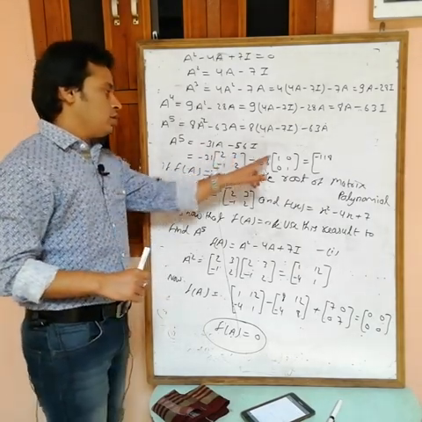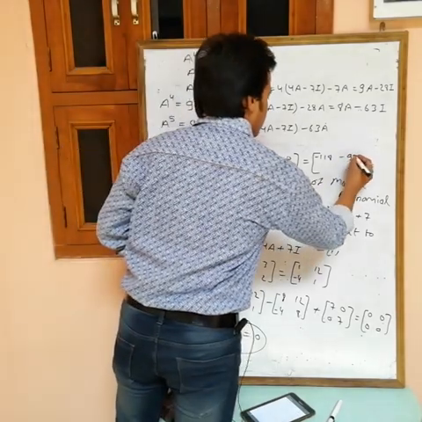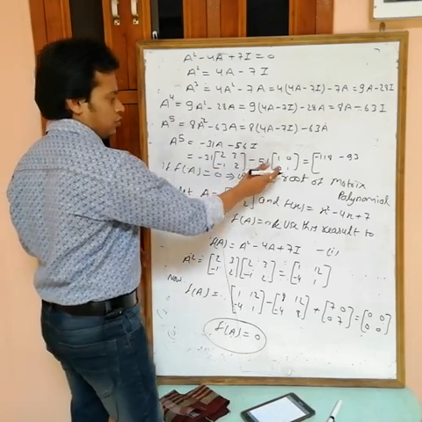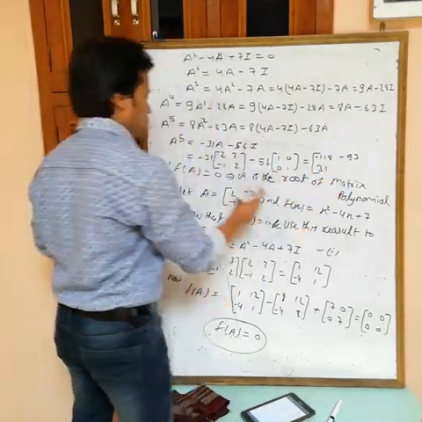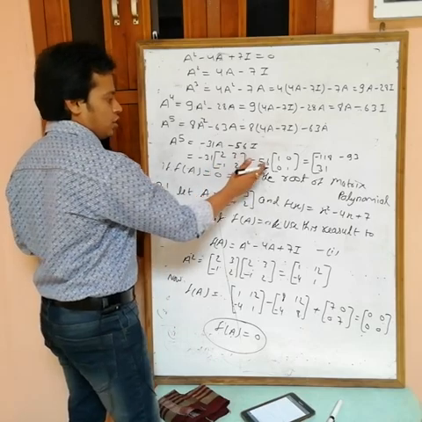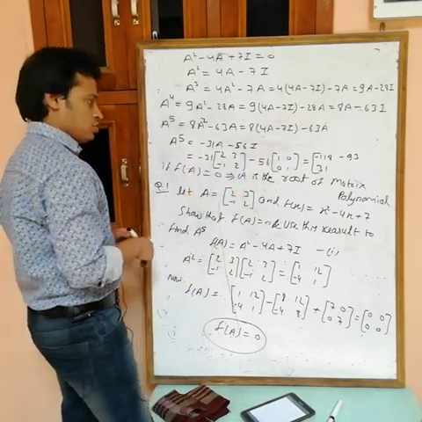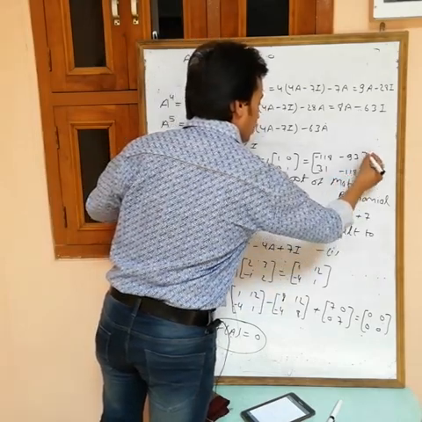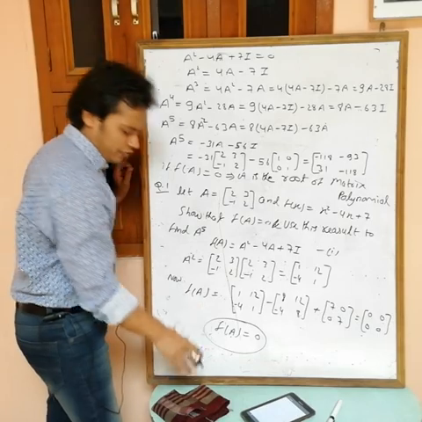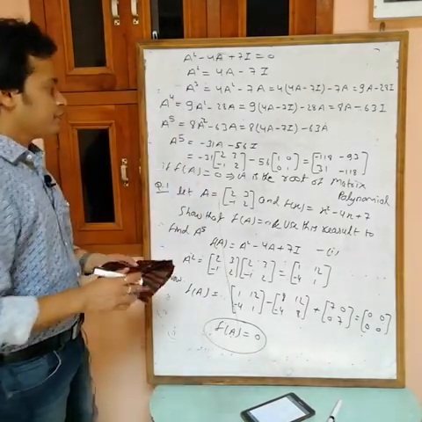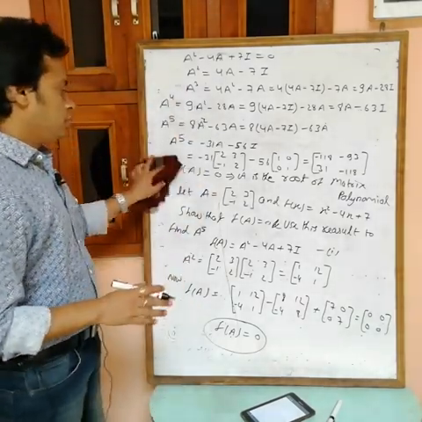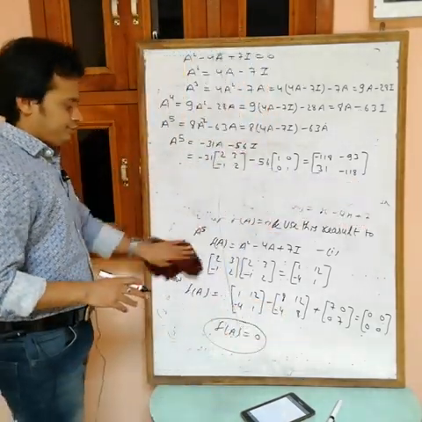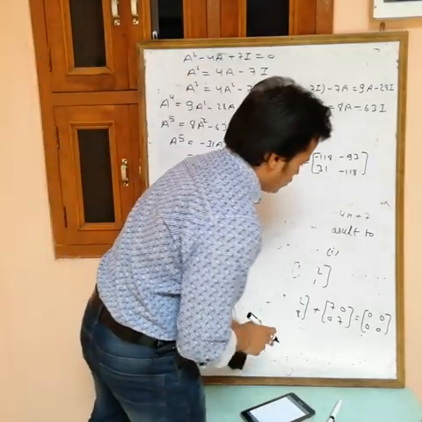Minus 93 minus 0 is minus 93. Plus 31, minus 0, so 31. Minus 62 and minus 56, again minus 118. So this is A to the power 5. Pause and write it down.